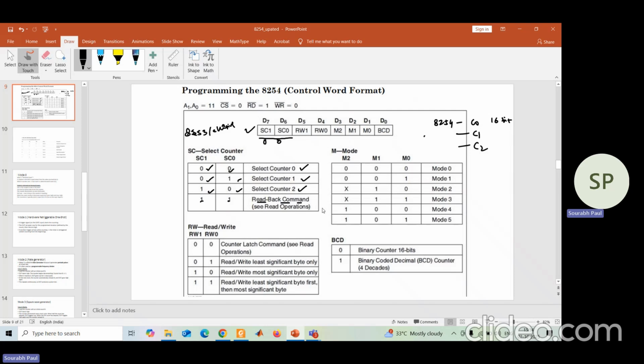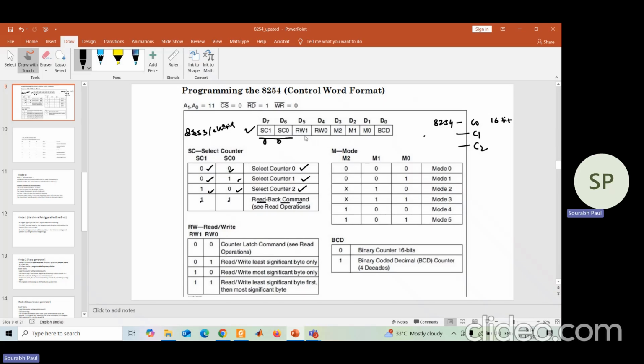Means when multiple counters are working together, you can have the count values together. That is achieved when you give a value of 1, 1 in this SC1 and SC0 field. Okay, so this is the function of these first two fields.